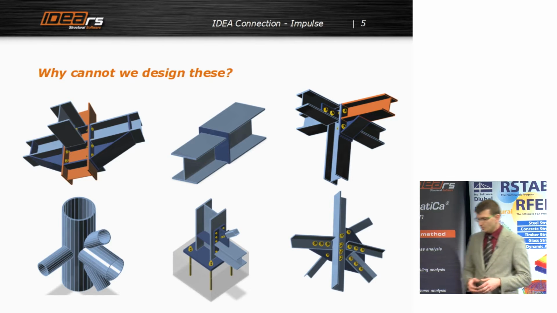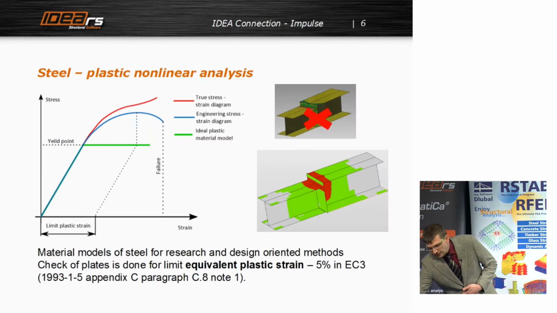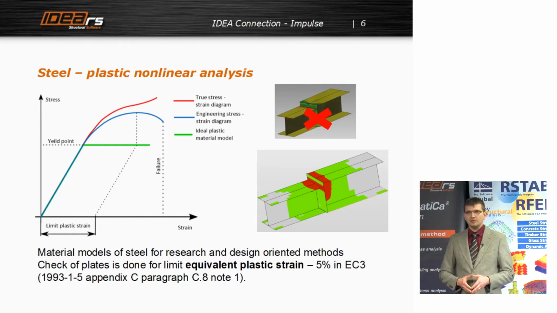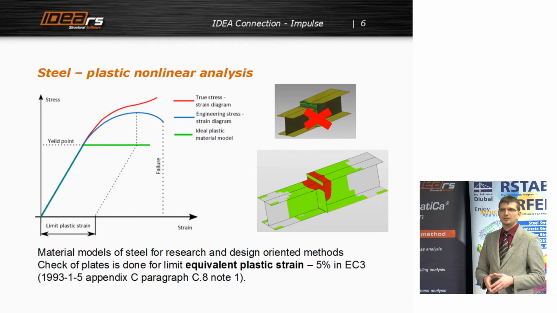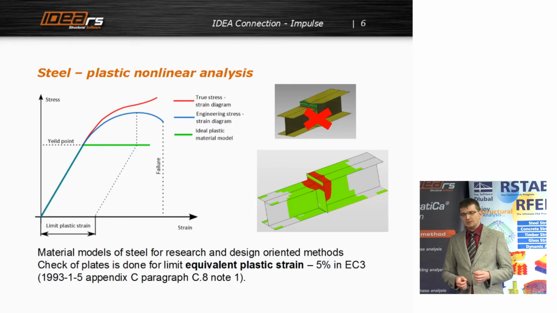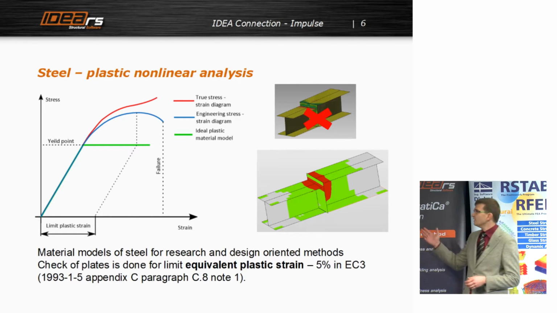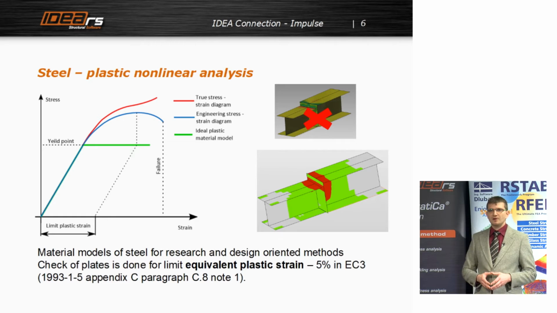So we really thought about that and started the development of a new way to deal with it. The essential thing which you need to take into account is the plastic nonlinear analysis, that's the plastification and the plastic behavior of the joints.